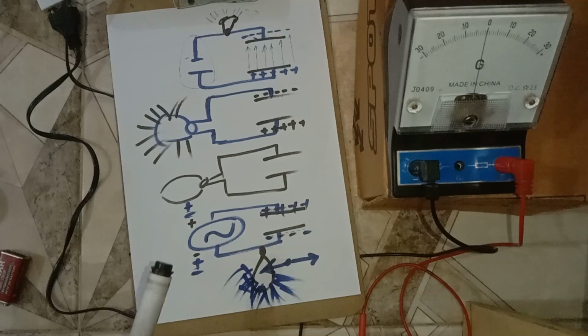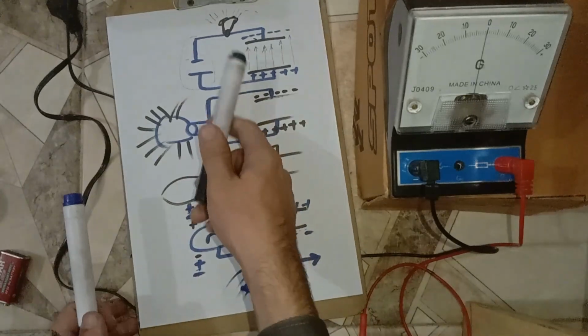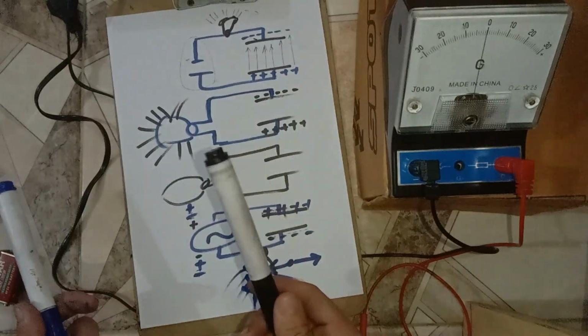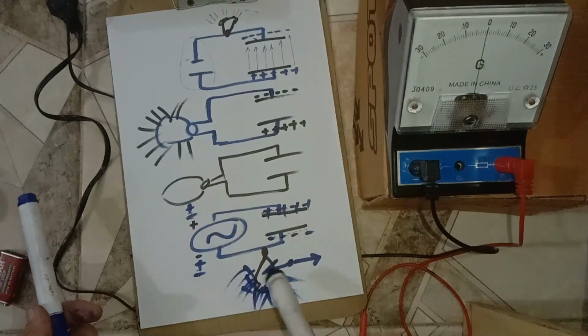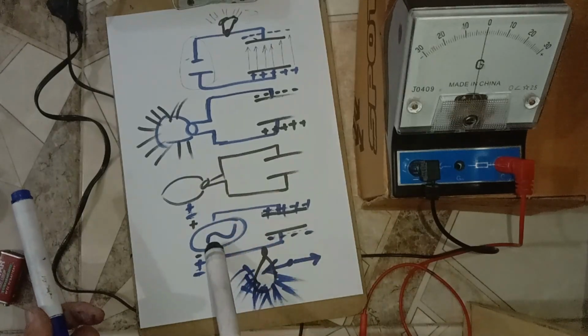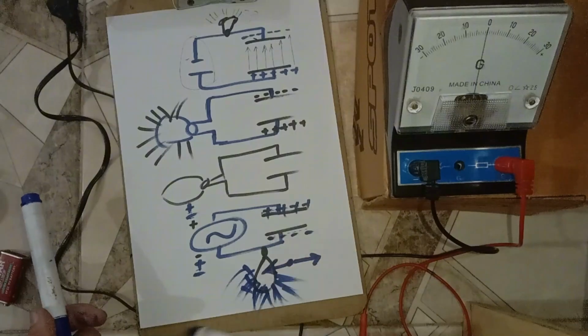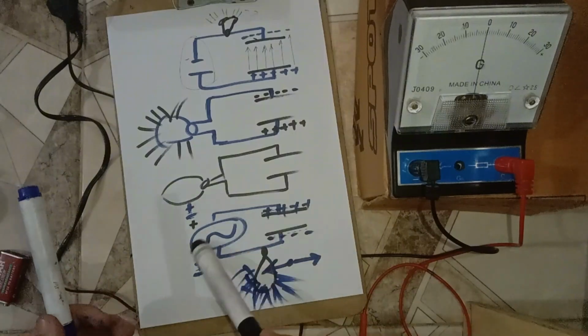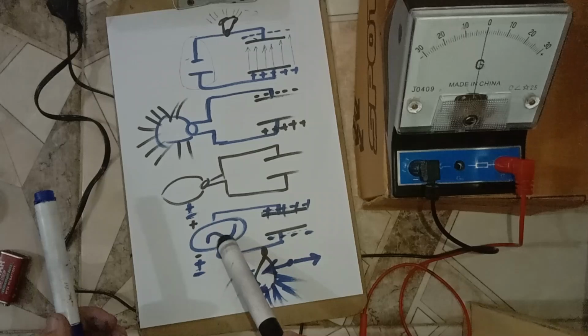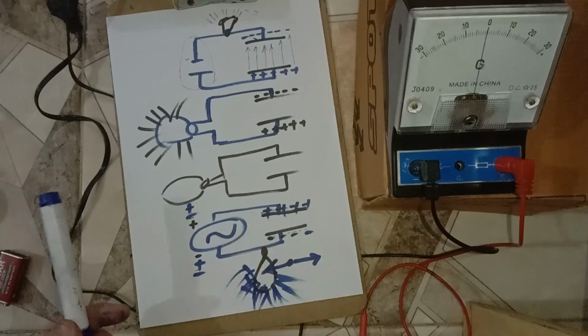In the earlier case the bulb was on for a small interval, but in this case, if we provide the alternating source, this bulb will be on for a long time until we remove this AC source.